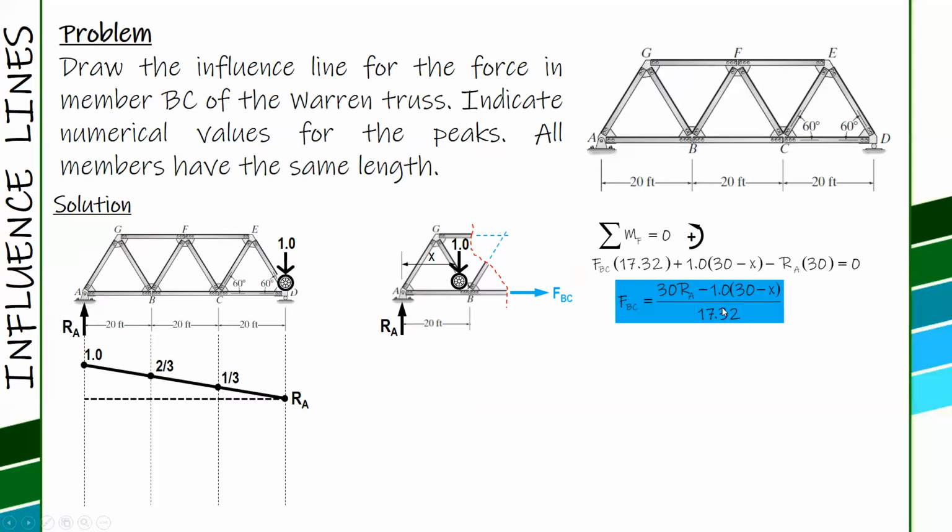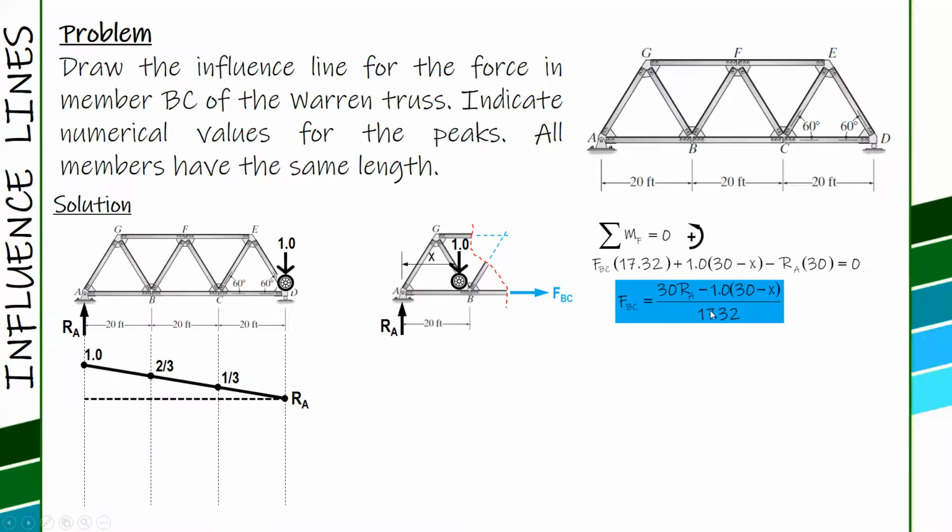Okay. Now, same sa beams na kung magkuha ka og equation for shear and moment or the influence line, bali, you have one equation when the unit load is before the cutting section and another equation after the cutting section. Same also sa truss.